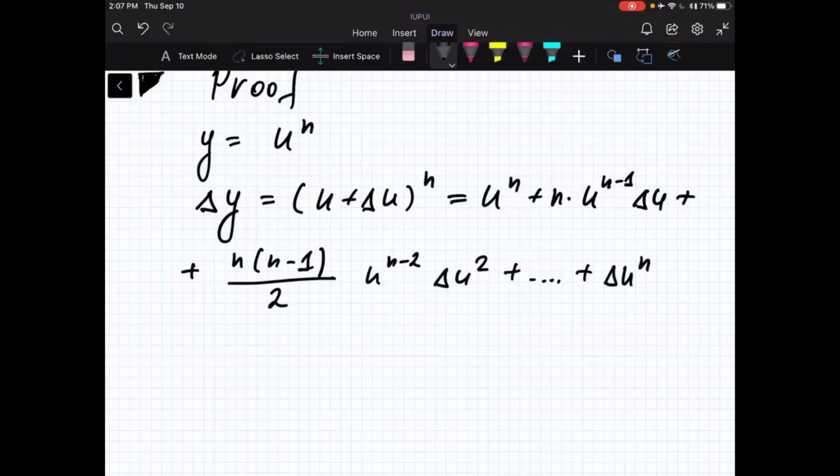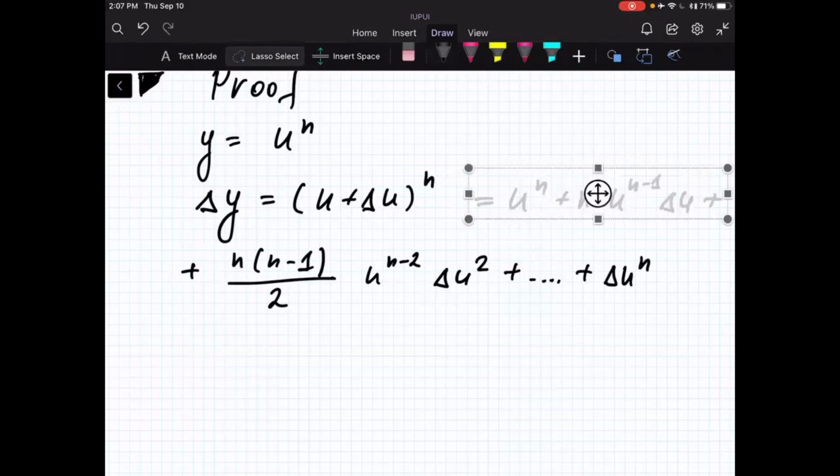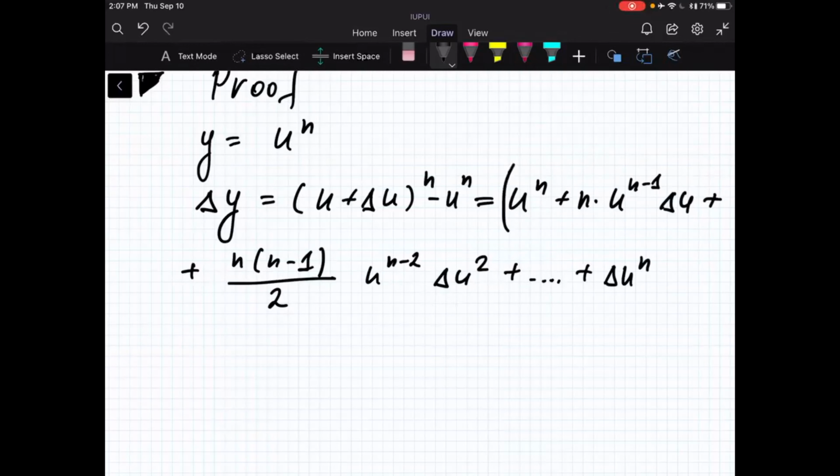Oh, sorry, I made a mistake, because delta y is the value at the new point minus the value at the initial point, so minus u to the n. So that gives me the first term and minus u to the n. And again, there is a cancellation of u to the n here.